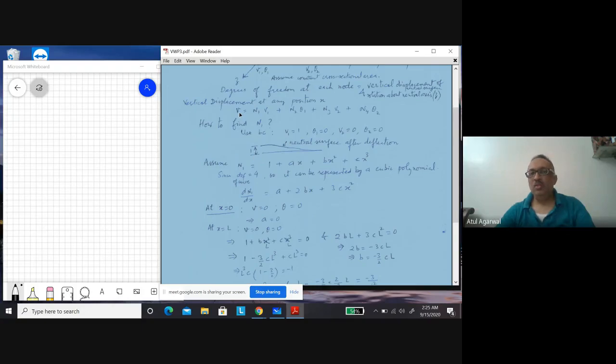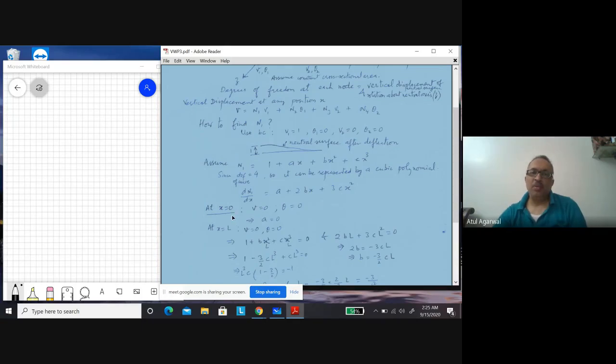Since theta 1, V2, theta 2 are 0, and V1 is equal to 1, our vertical displacement is same as N1. So we will put all these conditions on this vertical displacement N1. So our slope from this equation becomes a plus 2bx plus 3cx squared.